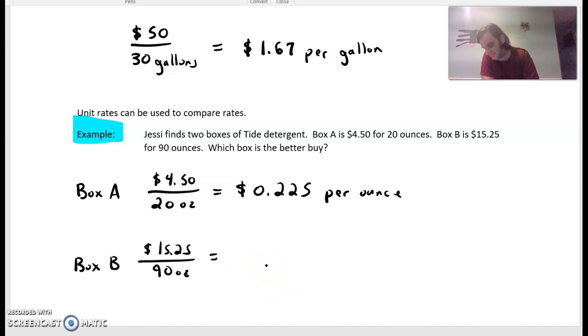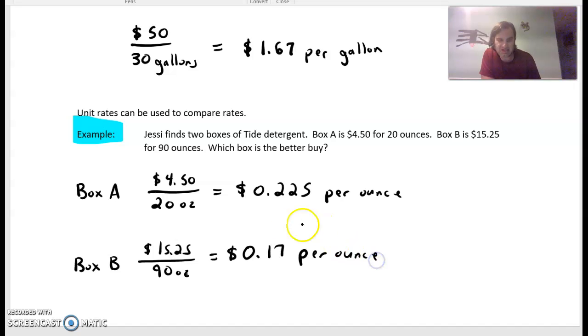When we buy box B, we'll divide this, and I get basically 17 cents per ounce. So in this scenario, we pay less per ounce, or less per unit, with box B. So in that case, box B is the better buy.